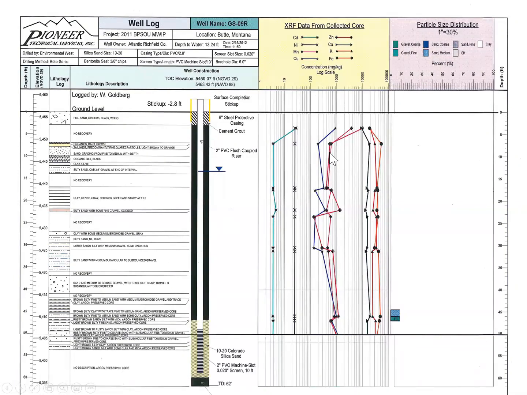But over here, from the cuttings, or from those cores, they had actually done XRF concentrations in the solid media of these constituents up here. And again, here's the screen zone, so you can match up where they've screened it with what the lithology was.